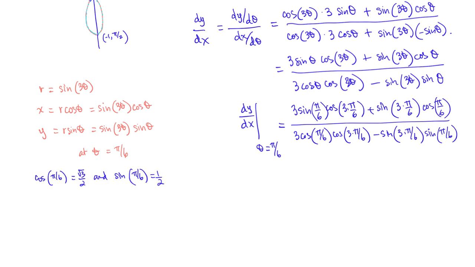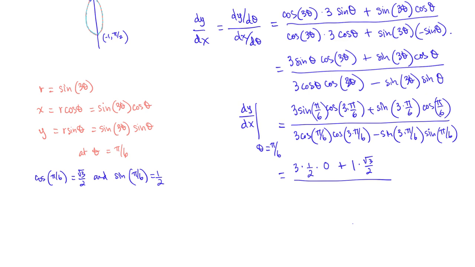Keep in mind that cosine of pi over 6 is root 3 over 2 and sine of pi over 6 is 1/2. This is now 3 times sine of pi over 6, which is 1/2. Cosine of 3 pi over 6 is cosine of pi over 2, or 0, plus sine of 3 pi over 6 is sine of pi over 2, or 1, times cosine of pi over 6, which is root 3 over 2.